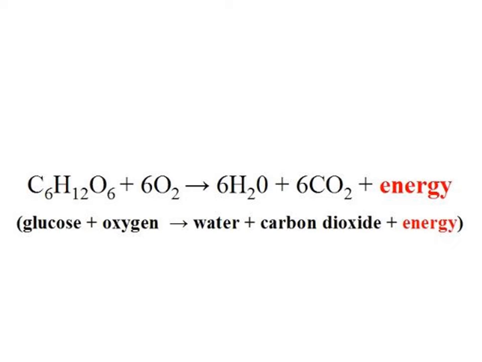It's combining with 6 oxygen molecules, and you are forming 6 water molecules plus 6 carbon dioxide molecules, which you will breathe out, and then you're getting energy from that chemical reaction. So this is what's described as cellular respiration. You're taking in glucose by food, taking in oxygen from the air you breathe. You're forming carbon dioxide, which you breathe out, water, which you breathe out and also urinate out, and you're getting energy to do the things that you need to do from that chemical reaction.